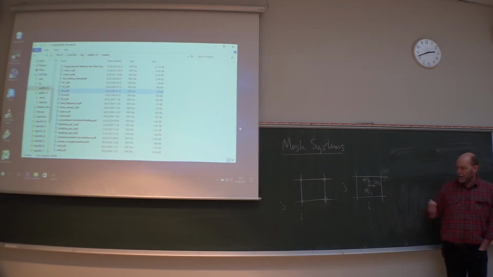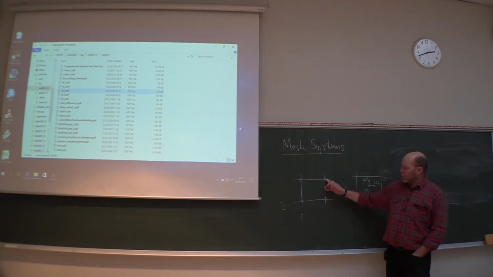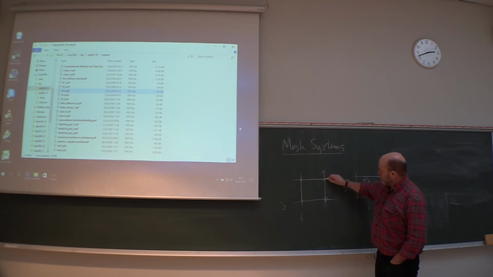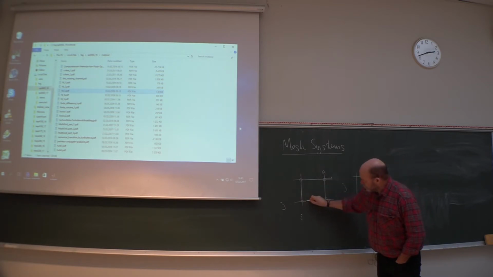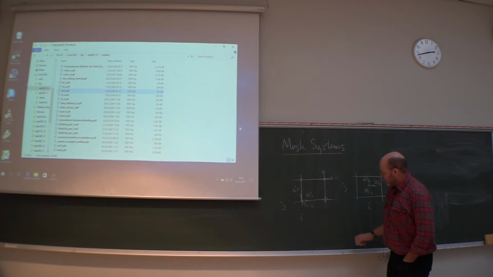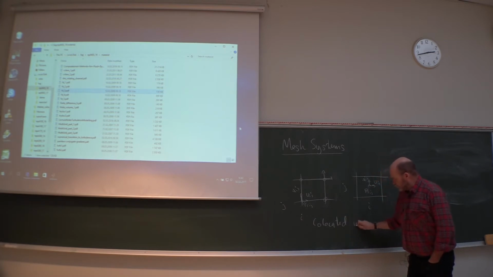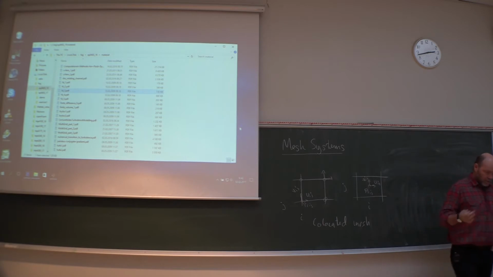Put everything in the center, or maybe even here in the corners. You could have done that as well. Have two velocities here. No, I had i j down there, sorry, here. U i j, V i j, and then the pressure also in the same location. Then you are talking about a co-located mesh system. Co-located mesh or co-located grid.